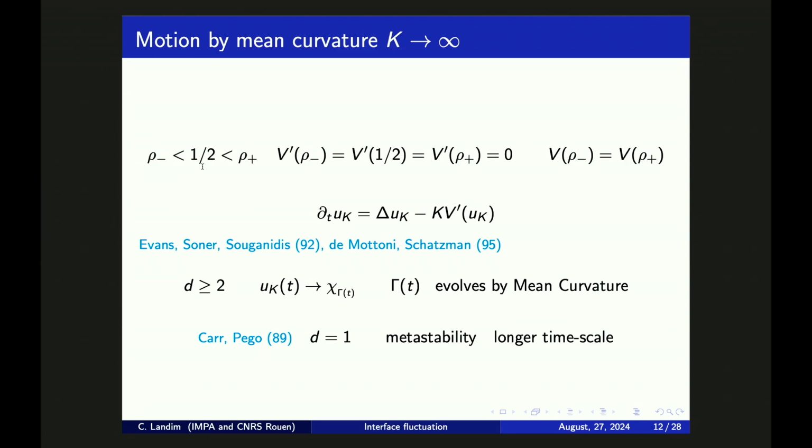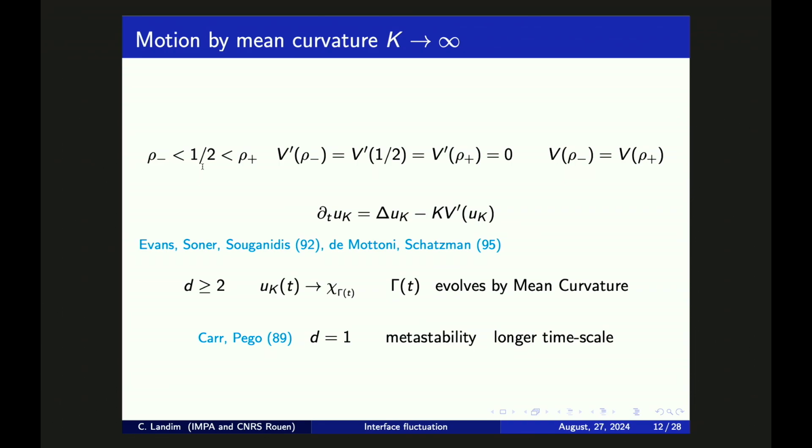Now let's see what happens with this equation when I send k to plus infinity. This has been considered by Evans, Soner and Souganidis, and De Mottoni and Schatzman. In dimension 2 or higher, they prove that if you start with an initial condition in which the set where the solution is equal to 1/2 is a smooth hypersurface, then when you send k to infinity, u_k will converge to a function which is either rho minus or rho plus.